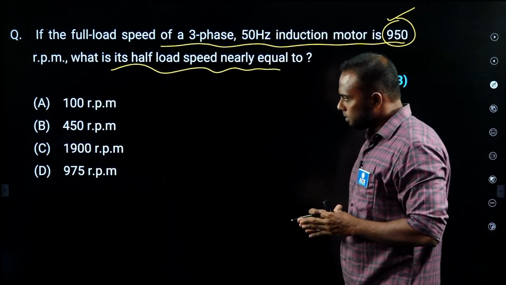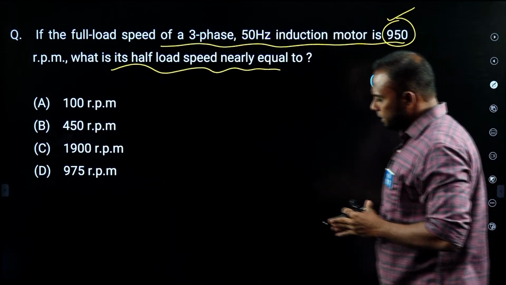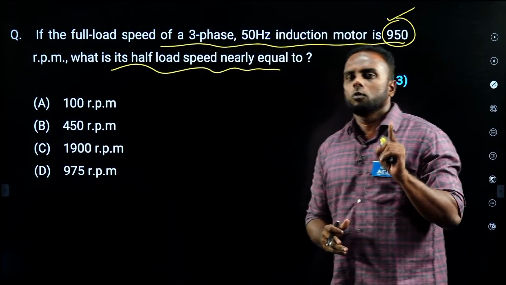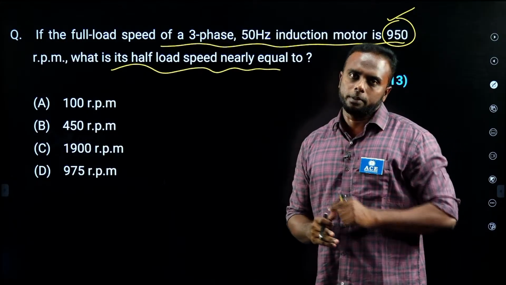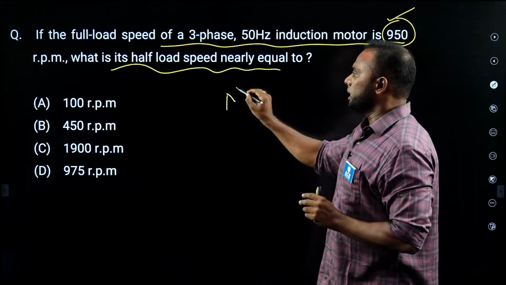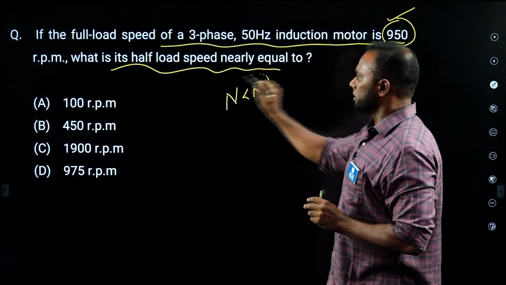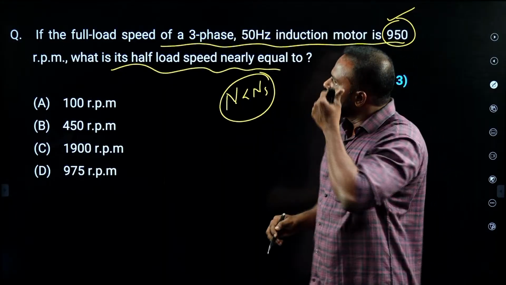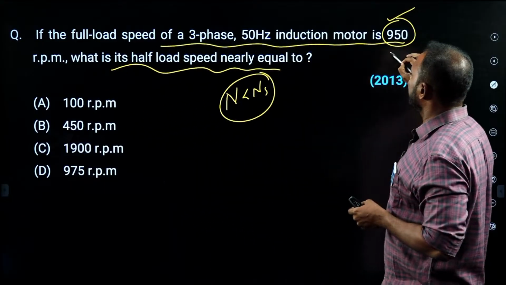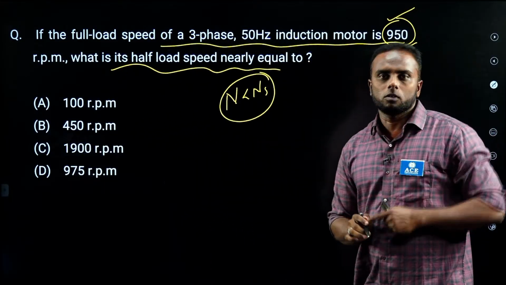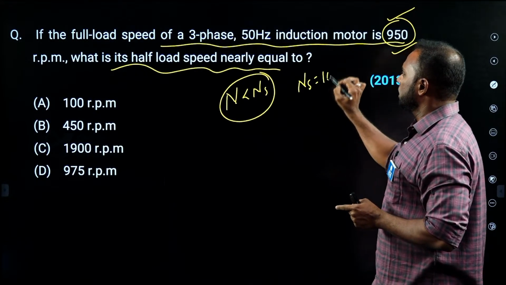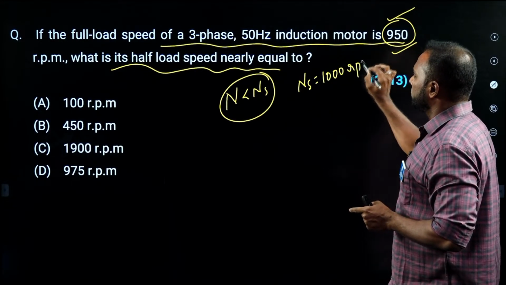Yes, very good. From the options you can eliminate easily. Always an induction motor rotates near to synchronous speed, but less than synchronous speed. So speed is always less than synchronous speed, very near, not differing so much. Here it is initially rotating at 950, so what is the nearest synchronous speed? 1000 RPM, for the 6 pole case.